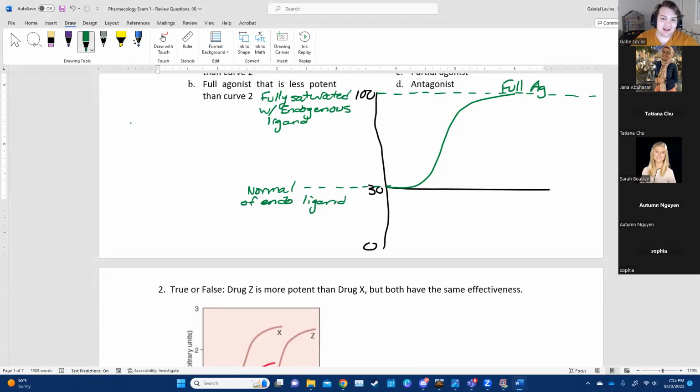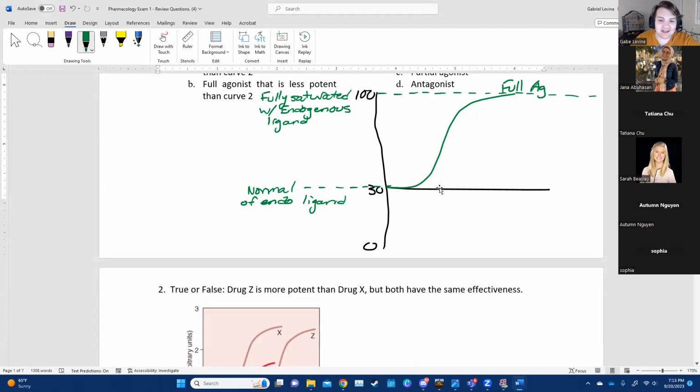The body always has epinephrine floating around, always has adrenaline floating around, and so it's activating receptors at 30%. But during situations where we need to increase the response of those receptors, it increases the concentration of adrenaline in the body, and so we get that fully saturated 100% response.